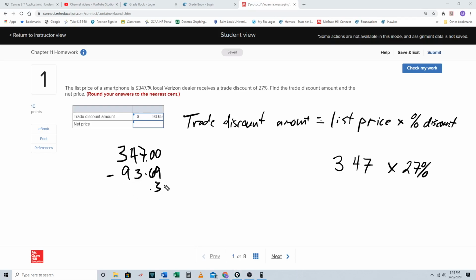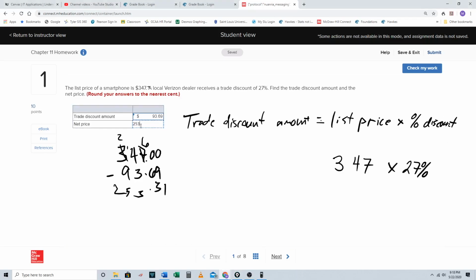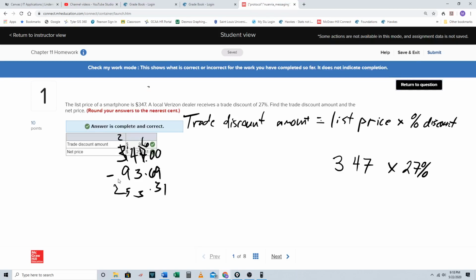So it gives you 253.31. Enter, check work. Good to go.